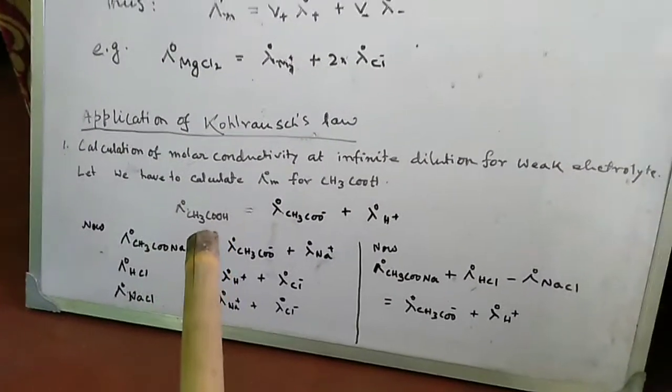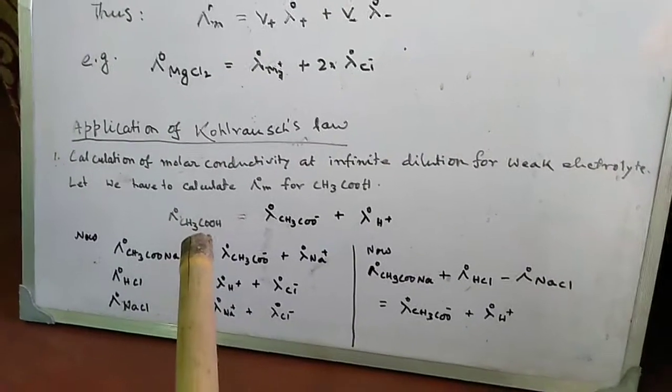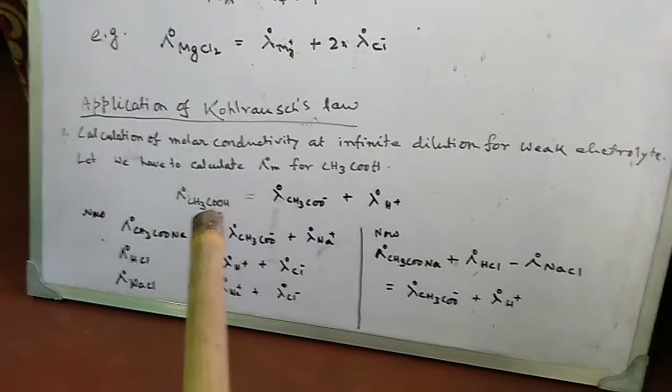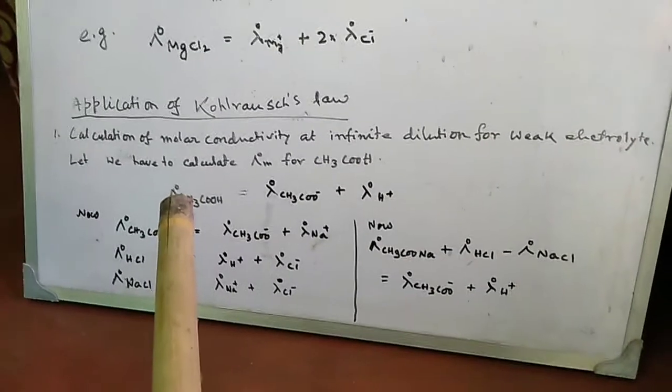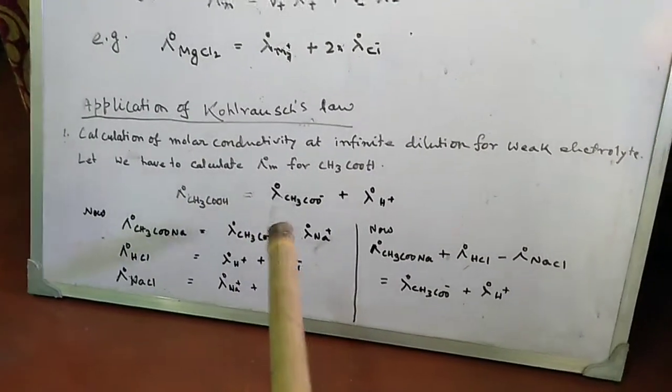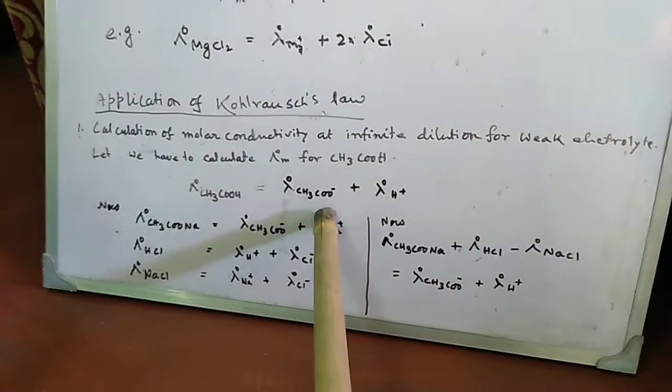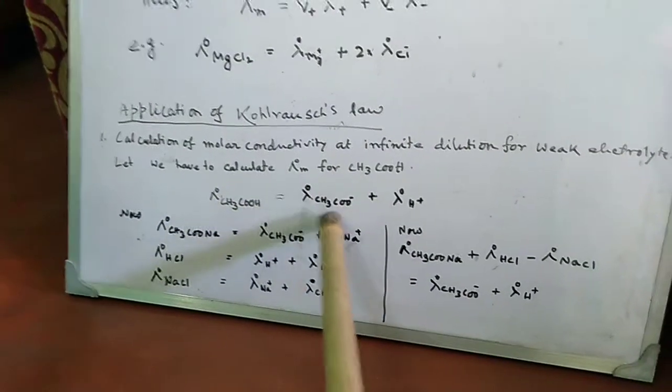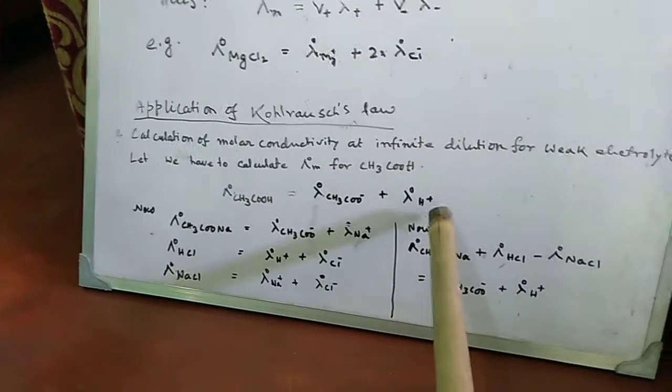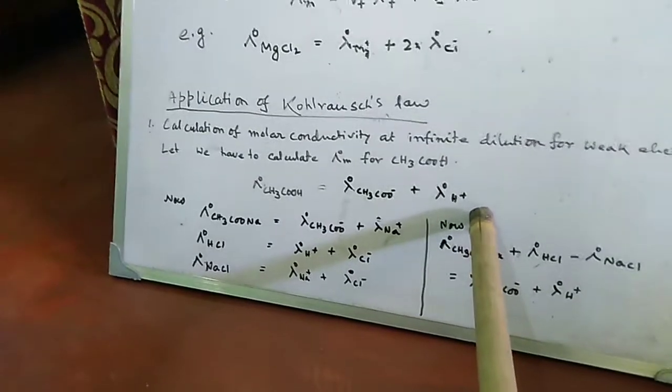Suppose you have to calculate the molar conductivity of acetic acid at infinite dilution. Acetic acid means the acetate ion molar conductance plus the H plus ion molar conductance.